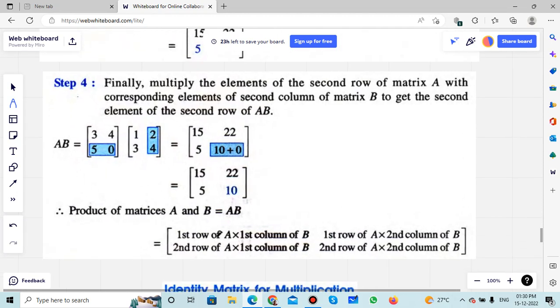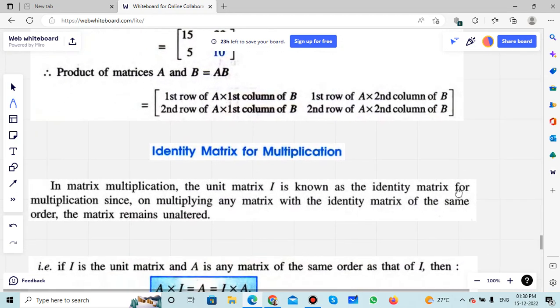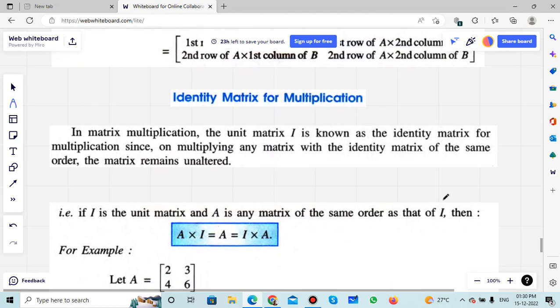So the first element of the row into the first element of the column of B, added together, and then the second element with the second column, multiplied and added together. Second row, first element with first column, second row, second element with second column, and add them up. This is how we get it. It will be clear with practice.